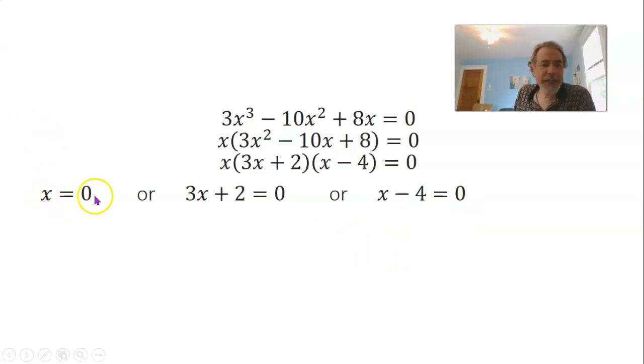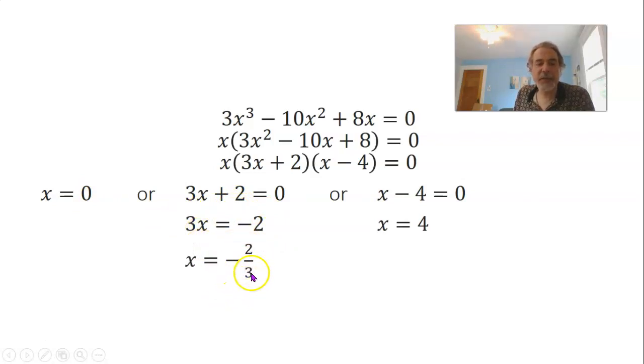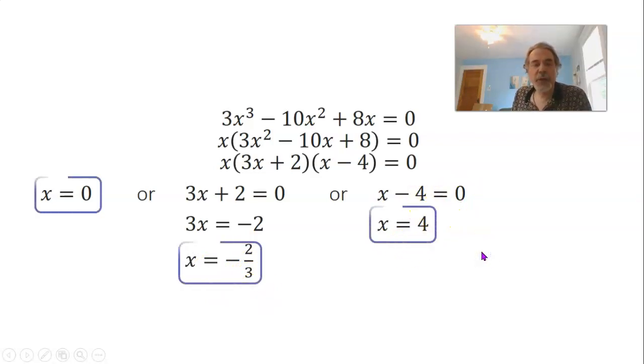So this one already is like that. x equals the number 0. On this one, I would subtract 2 on both sides and then divide both sides by 3. So x equals negative 2/3. And on this one, I add 4 to both sides, x equals 4. So the three solutions, hey, it involved x to the 3 power, and we got three solutions: 0, negative 2/3, and 4.